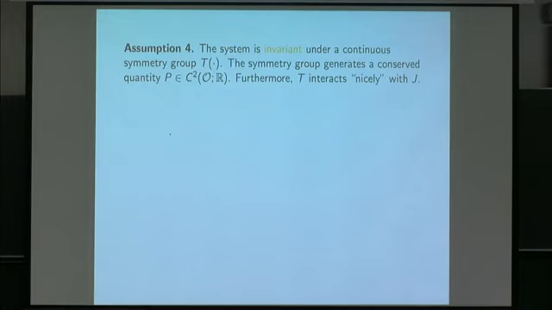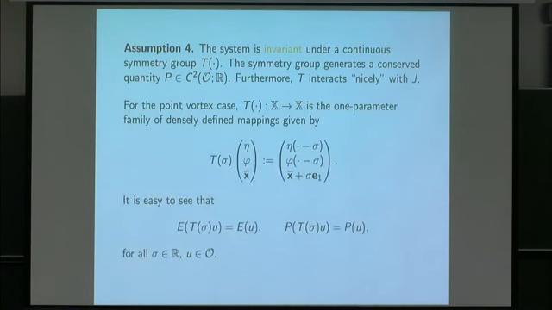We assume it gives you a conserved quantity, we'll call the momentum P, which is also smooth, or C2 at least, when restricted to this open set in the well-posedness space. And translation has to interact nicely with J, and it's hard to explain what that means in the general case, but I'll do it in the specific one.